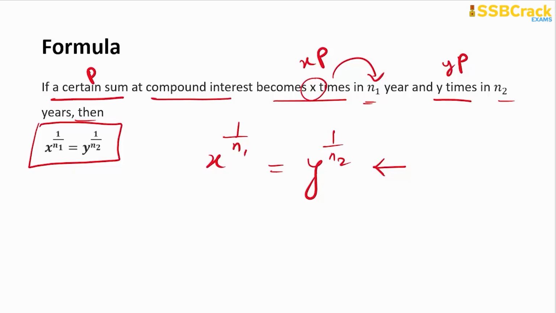In the question, they will give you x and y, the times the initial amount P is becoming. Either they will give you x, y and n1 to calculate n2, or x, y and n2 to calculate n1, or x, n1, n2 and ask you to calculate y. So this formula can be used for 4 types of problems, to calculate x, y, n1 or n2.